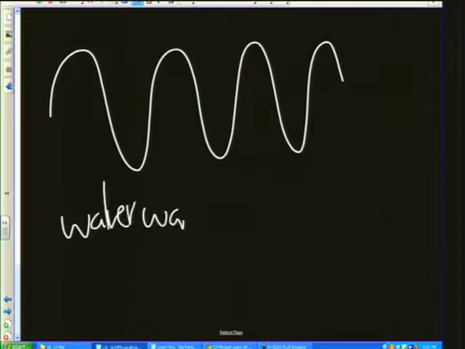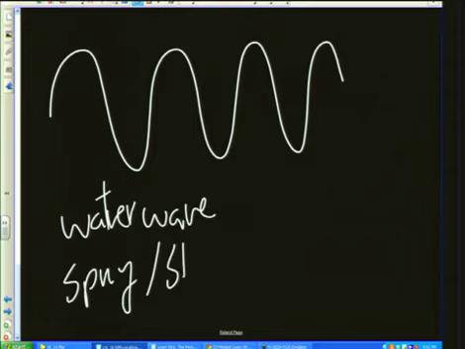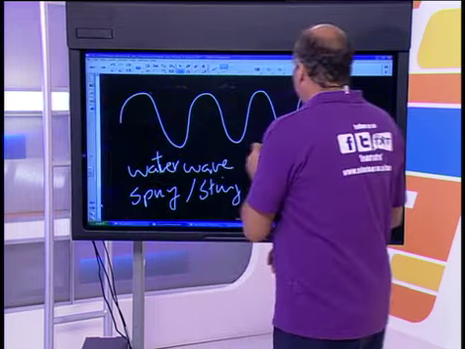It could be on a spring or a string, like vibrations, and we say they have crests and troughs.